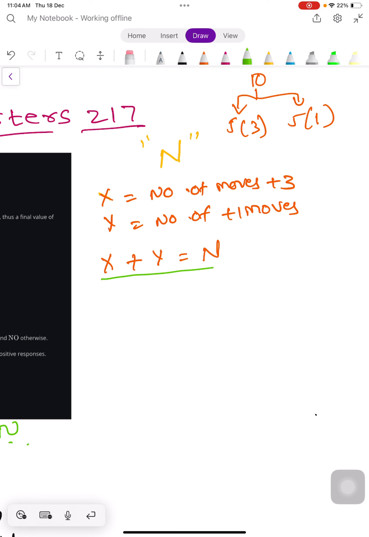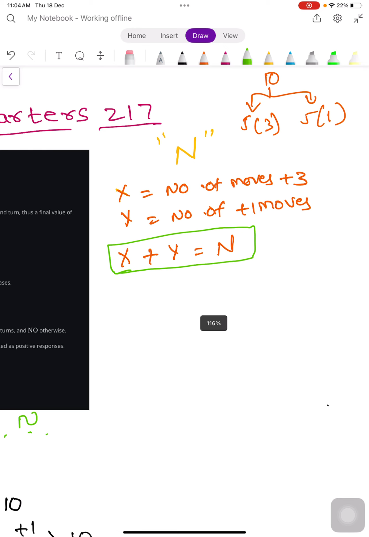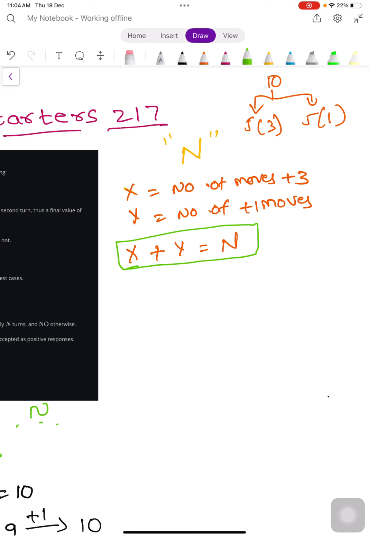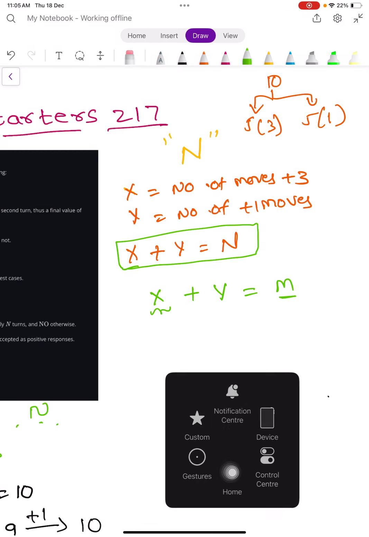This is the number of moves. For the value, we need to reach m in exactly these number of moves, right? So in X moves plus Y moves I should be able to reach m. But there is one point: this is the number of moves, but m is a value, not a number of moves.